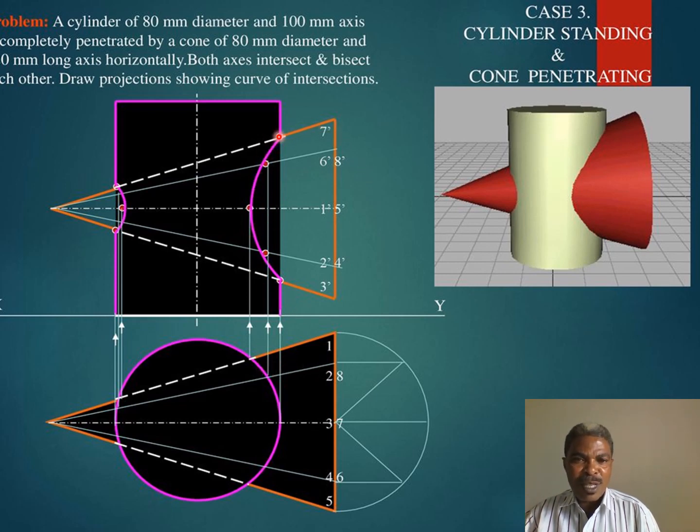It is the case of 7 from the same circle of the front view, meeting 7 of the plan view. As you can see here, it's located here and here because they are in line. So it is 3 on one side and 7 on the other side. That's how one can obtain the curve for this case.